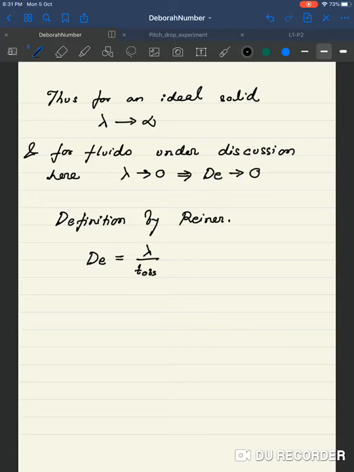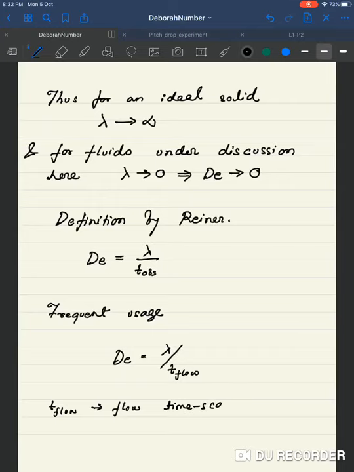Where lambda is the relaxation time scale of the material, T observation is the duration of the experiment. But in frequent usage, Deborah number is usually taken as lambda by T flow, where T flow is a flow time scale.